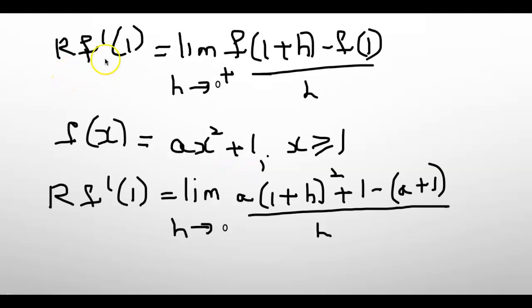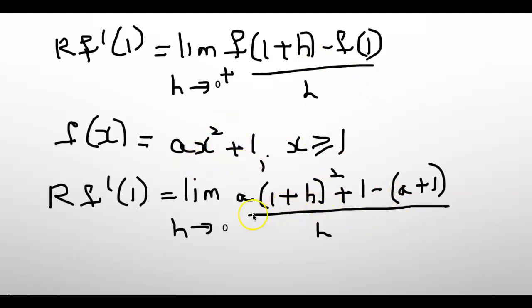Now the right hand derivative of f at 1 is defined as the limit as h tending to 0 to the right of f of 1 plus h minus f of 1, by h. h tends to 0 to the right means 1 plus h is greater than 1. So f of 1 plus h will be a into (1 plus h) the whole squared plus 1, minus f of 1, which we have seen is a plus 1.